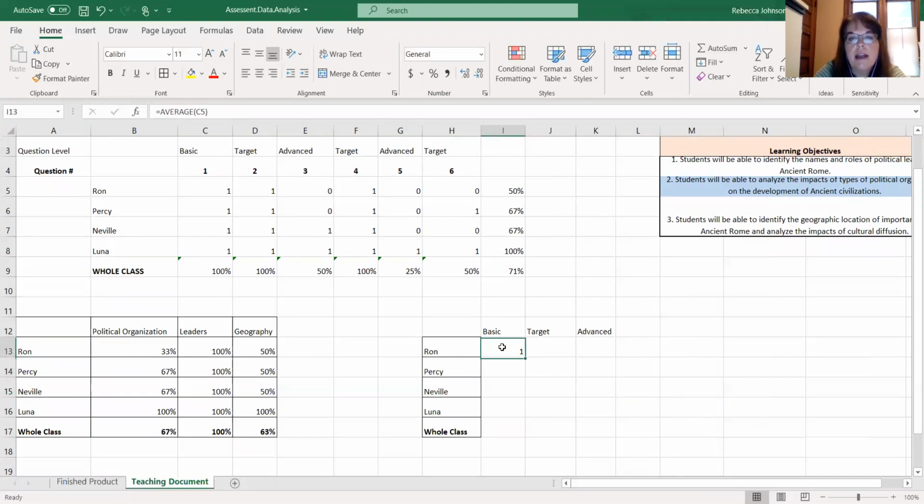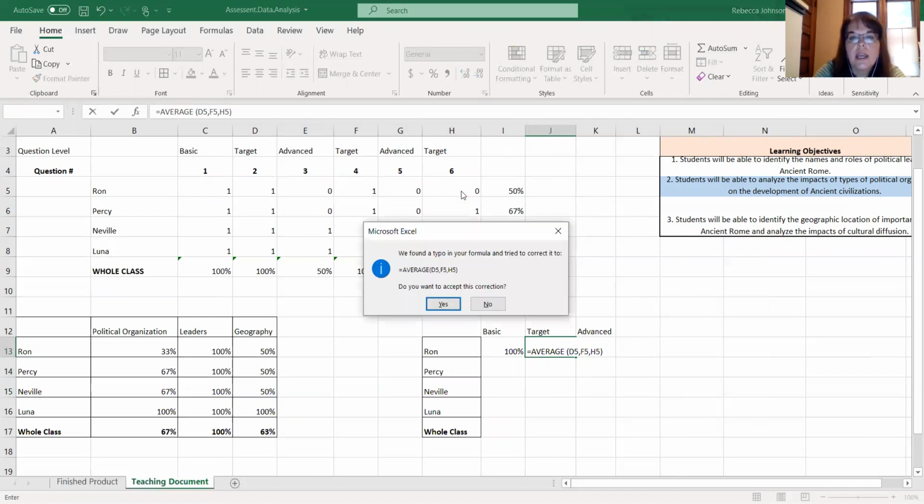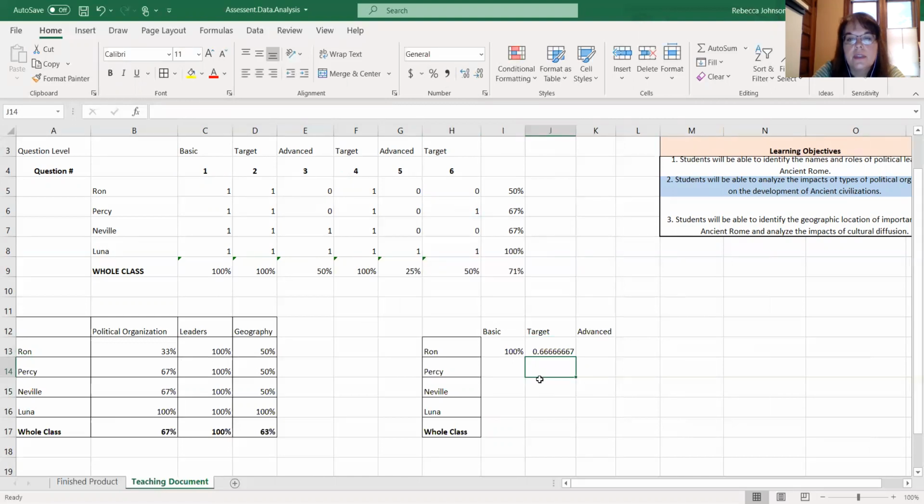And so I'm going to do my average there, and I'm going to make it a percentage. For my target questions, I'm going to do the average of D5, which is a target question, and F5, which is a target question, and H6, which is a target question. And I'm going to get 67% on that.